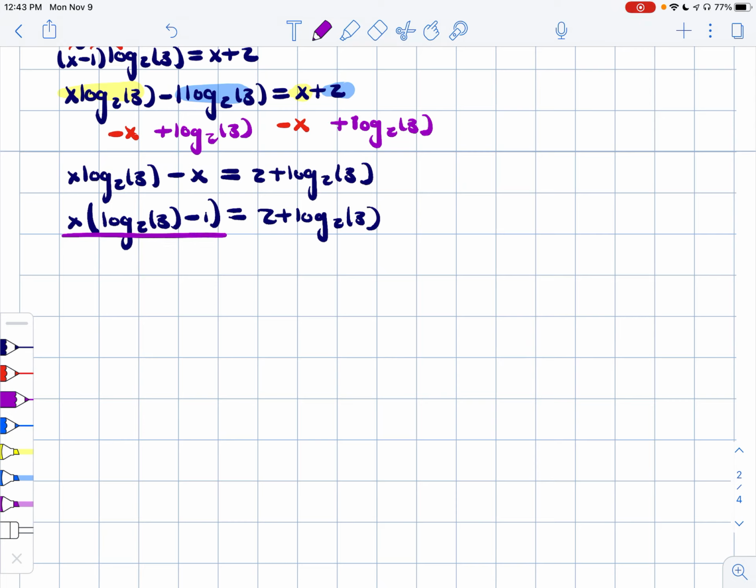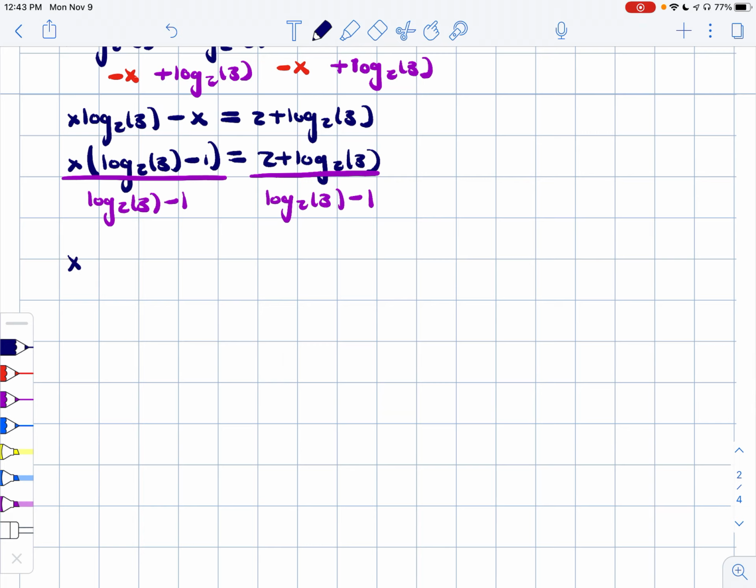So divide by log base 2 of 3 minus 1 on both sides. So that is going to be our exact answer. 2 plus the log base 2 of 3 divided by the log base 2 of 3 minus 1. All right, so that's our exact answer.